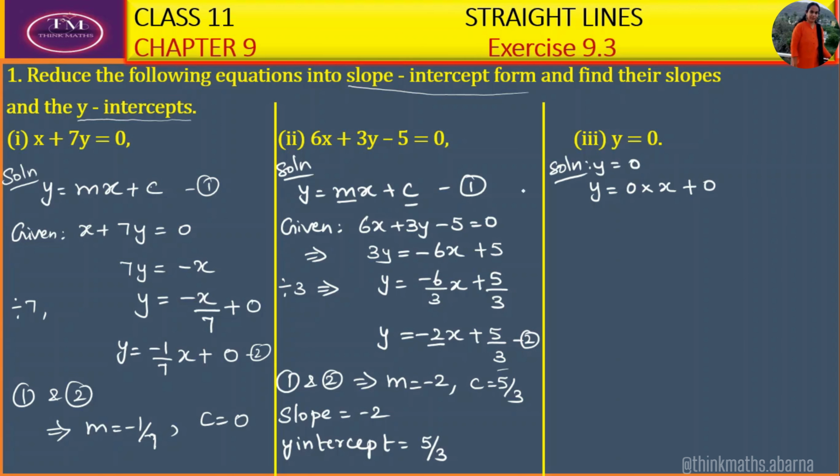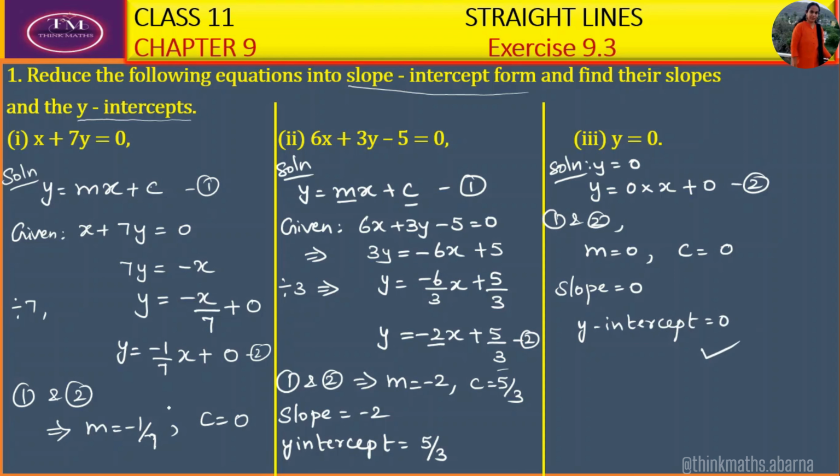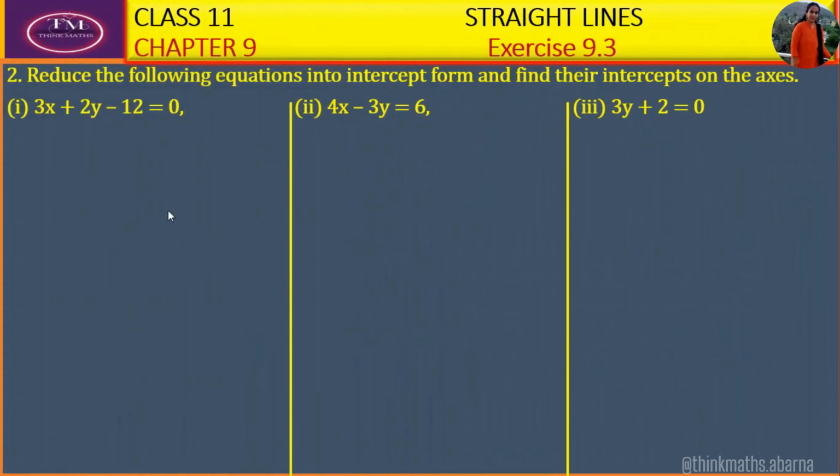So if you compare 1 and 2, they say that m equal to 0 and c is equal to 0. That means slope equal to 0, and the y-intercept is also 0 for this problem. Clear? Understood? So moving on to the second question.